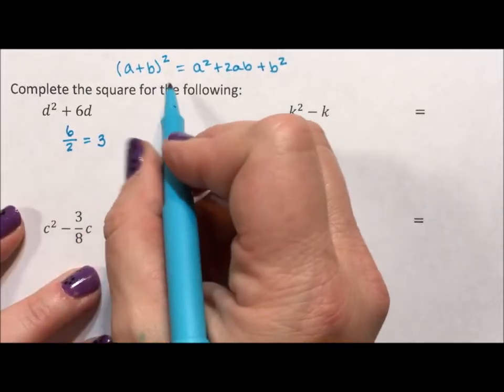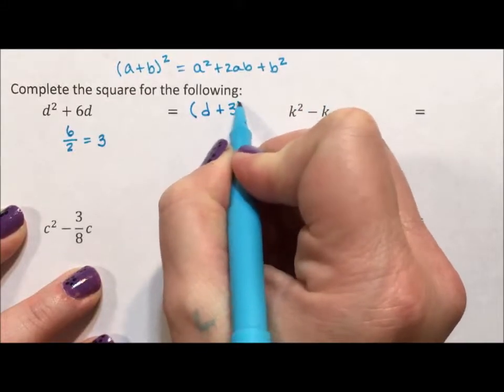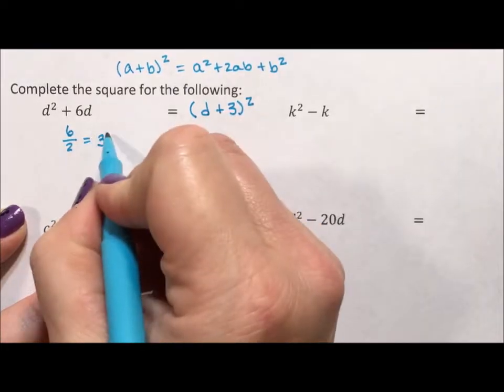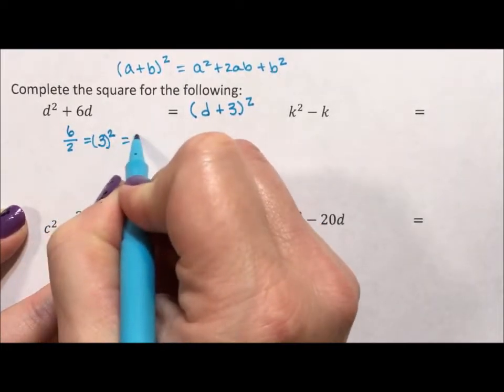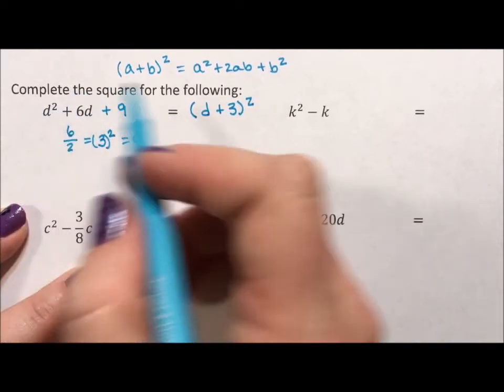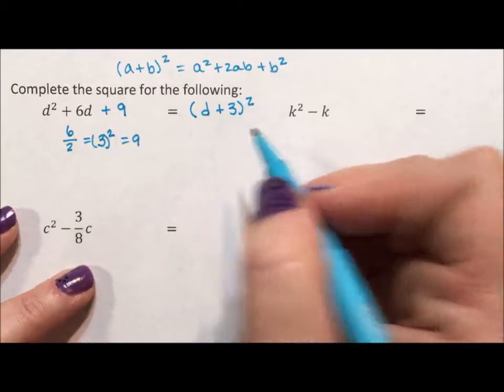Okay, so I know that I have (d plus 3) squared. These aren't really equal, because to make them equal, I would actually have to square this to get 9 and say plus 9. So this is my perfect square trinomial, and this is what it equals as a binomial squared.